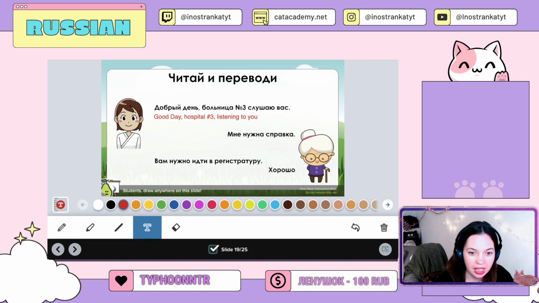Мне нужна справка. Мне is the form of I. Нужна, need, справка, a note. In this case, it could be actually the word spravka. It could be not only from a hospital. It could be from an insurance company, maybe from something else.